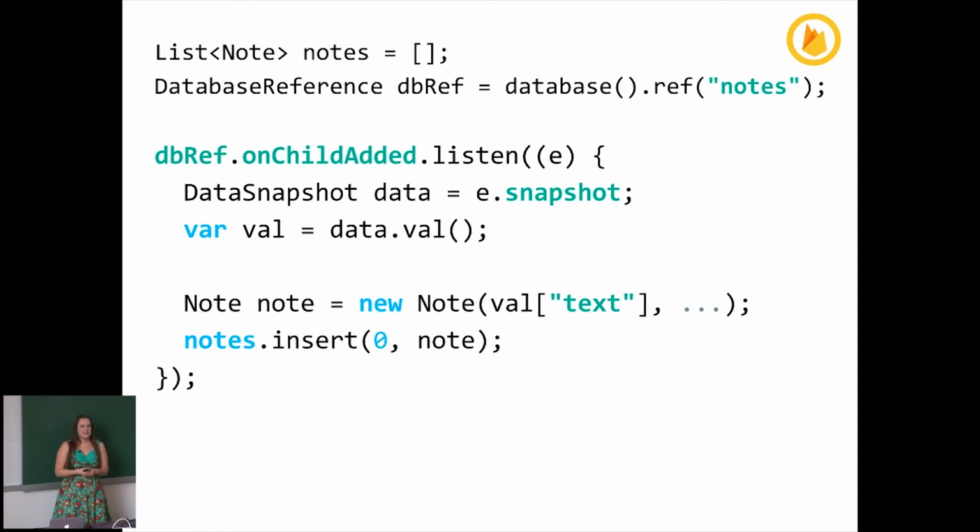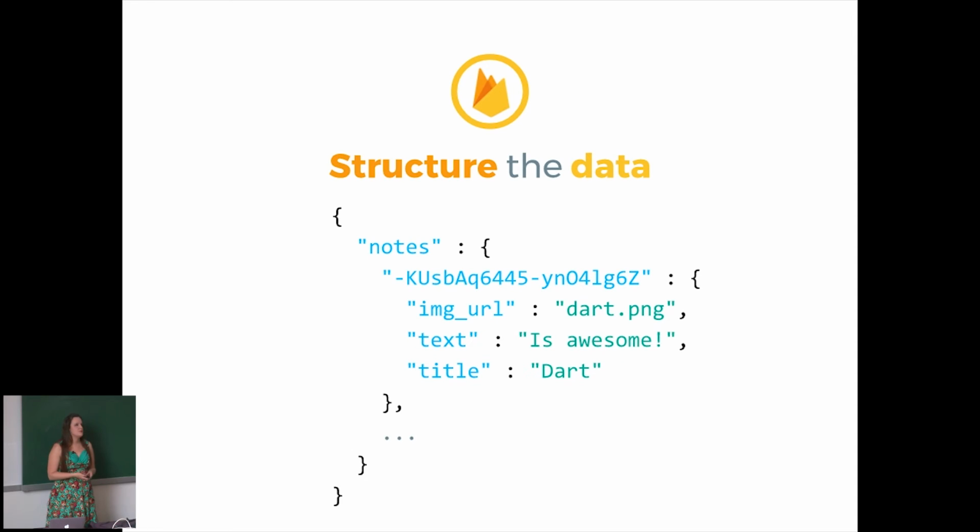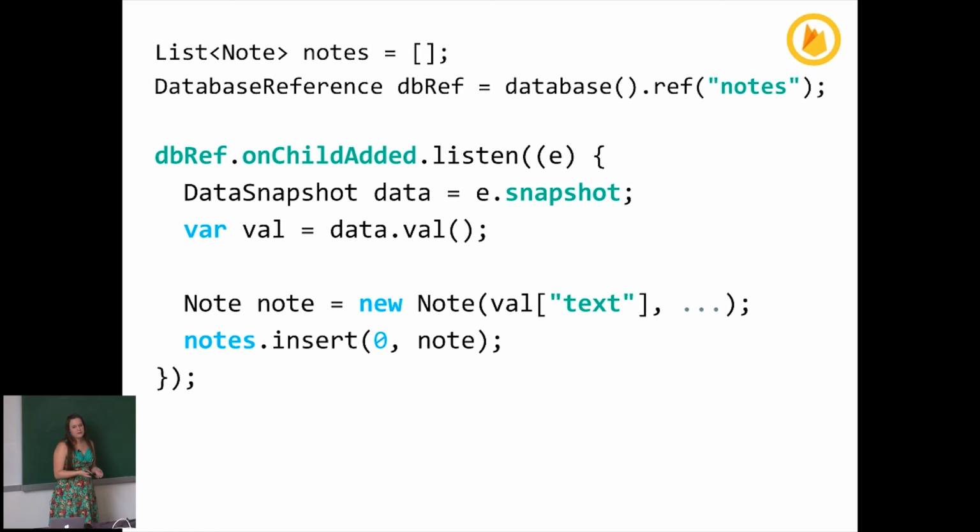Again, using a Firebase database is very easy. You only need to get the reference to your path, which in my case is nodes. So I will retrieve the database reference to my path, nodes, and then I can listen to some events. This time I will be listening to the event called onChildAdded, because I'm listening every time there is a new post to the Firebase database.